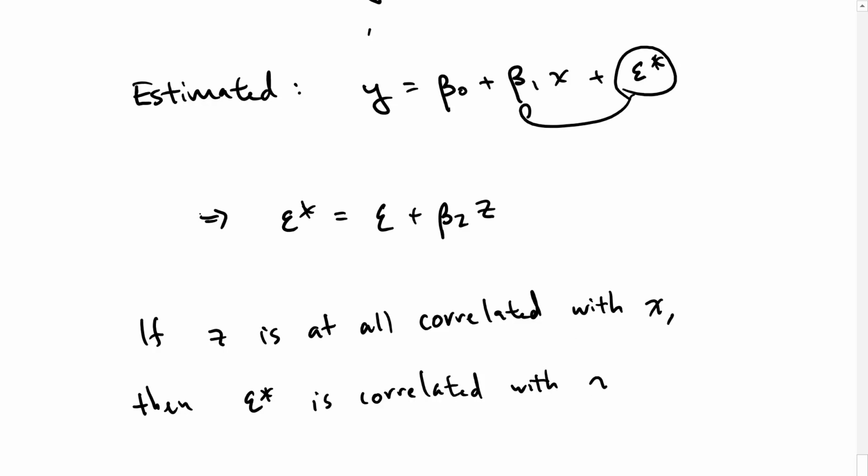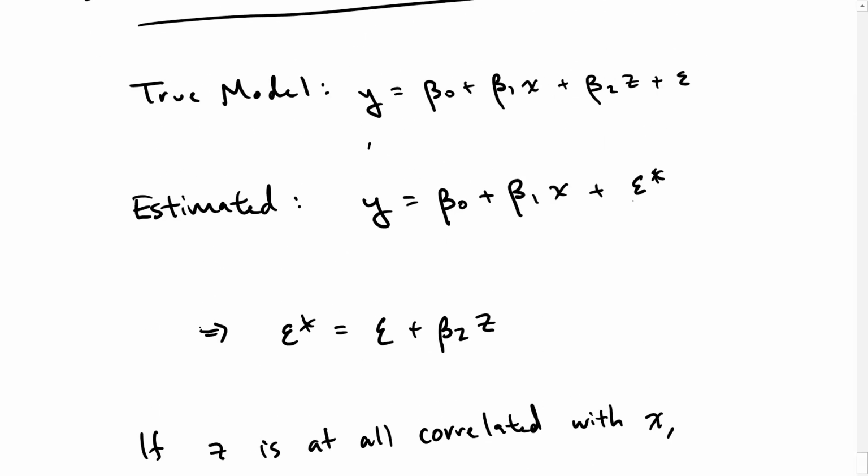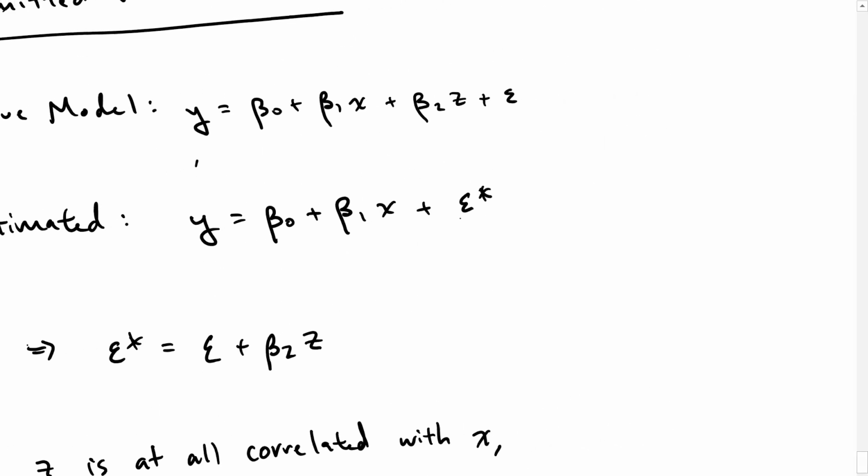And that's the definition of endogeneity, the error term here being correlated with x. And that one's a little easier to see than the simultaneous equations.